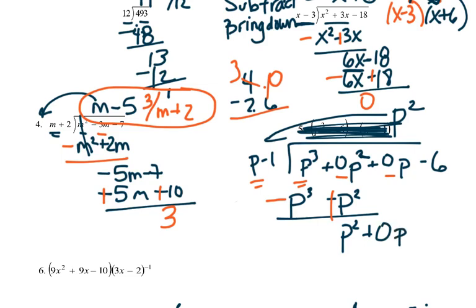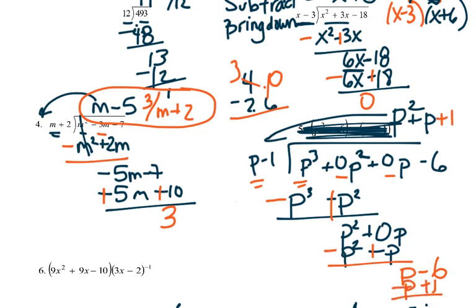P goes into p squared, p times. If I multiply there, I get p squared minus p. Change the signs. 0p and 1p is p minus 6. This is going to go in one time. P minus 1. Change the signs, and I get a remainder of negative 5 over p minus 1.